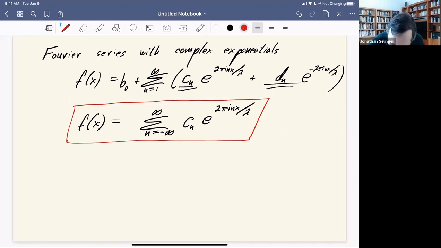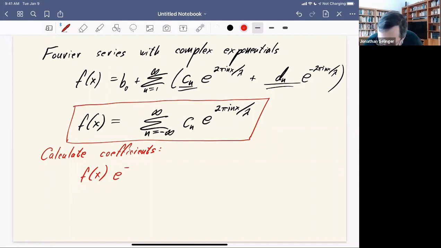So let's take the f of x, and multiply by a complex exponential e to the minus 2 pi i m x over lambda, where m is any old integer.